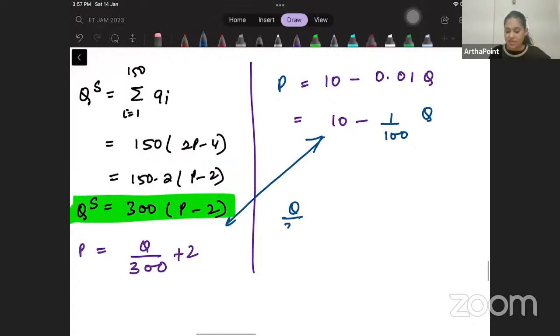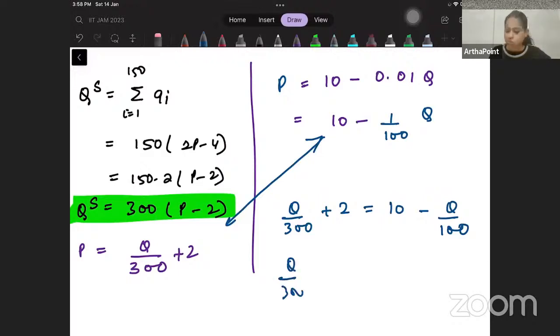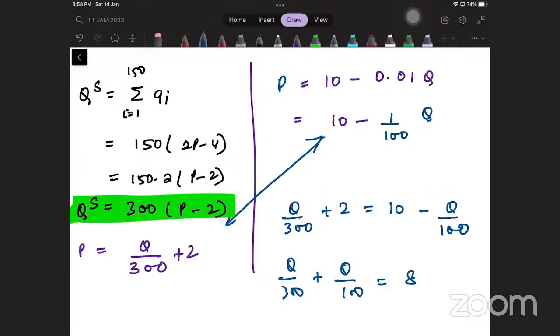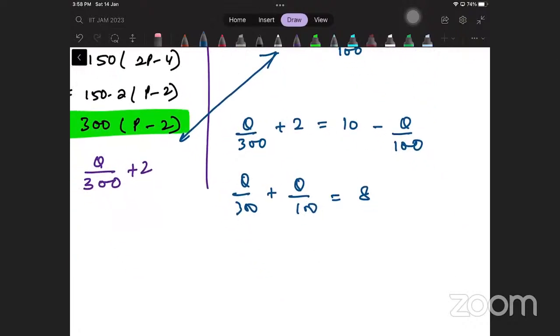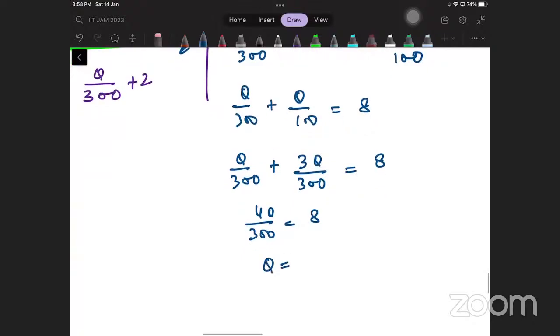So you will get Q by 300 plus 2 is equal to 10 minus Q by 100. So Q by 300 plus Q by 100 is equal to 8. If you solve this, you will get Q by 300 plus 3Q by 300 equal to 8, 4Q by 300 equal to 8. So you will get Q as 8 into 300 by 4, which means you will get Q as 600.